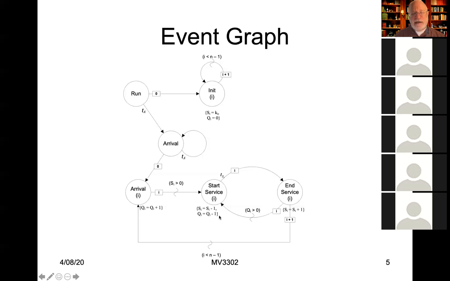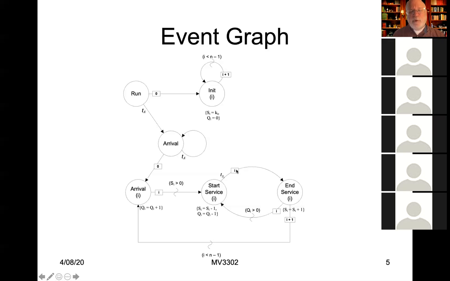Again, we're doing it for I equals 0. And then it looks to schedule. It has one scheduling edge, and the delay is TSI, the service time at the ith workstation. When it schedules the end service, it passes the value I.